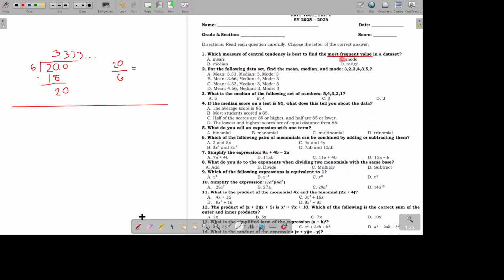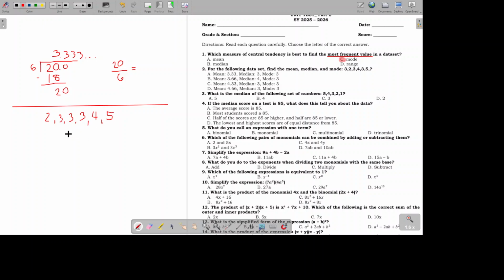again, that's the middlemost. So you have to arrange this either in increasing or decreasing order. So let's just arrange it in increasing order. So 2 is the smallest, and then followed by 3, another 3, and another 3, and then a 4, and a 5.